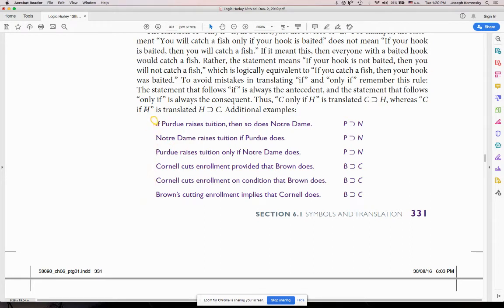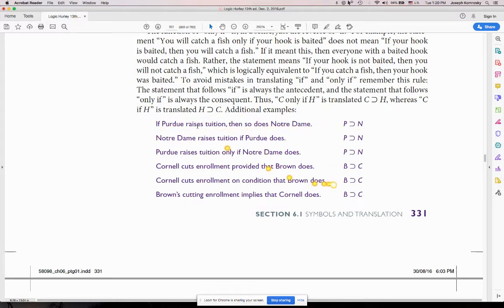Right here, number 2, number 4, and number 5 get reversed. 2, 4, and 5 get reversed from the way that you read them. Number 1, number 3, and number 6 are as you read them. If Purdue raises tuition, so does Notre Dame.